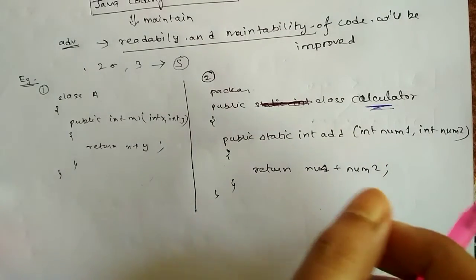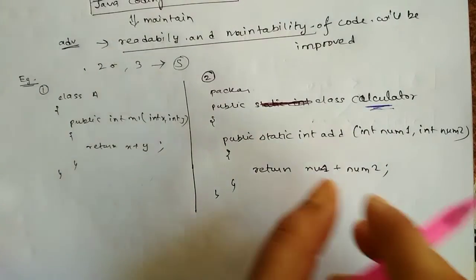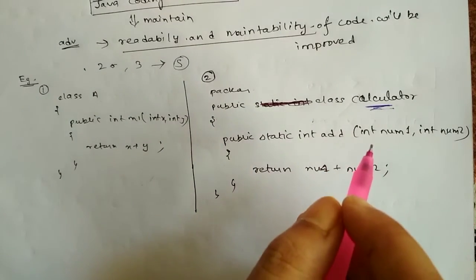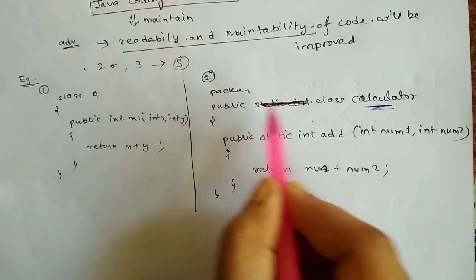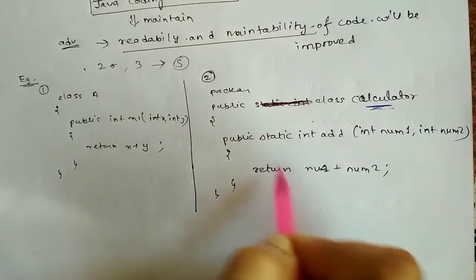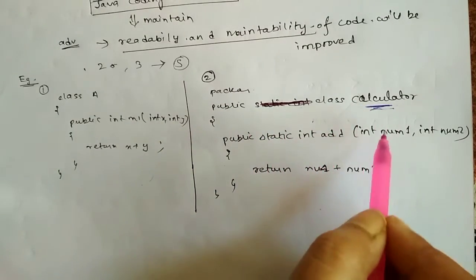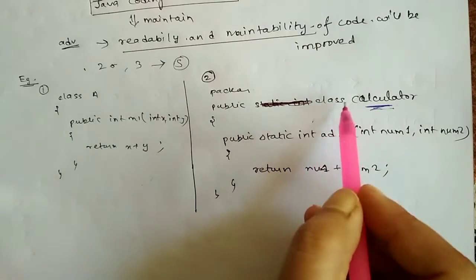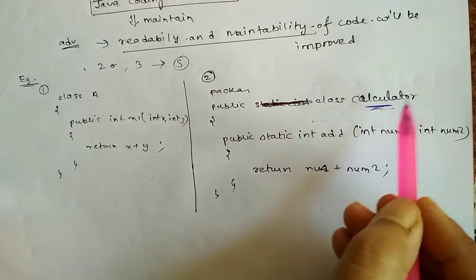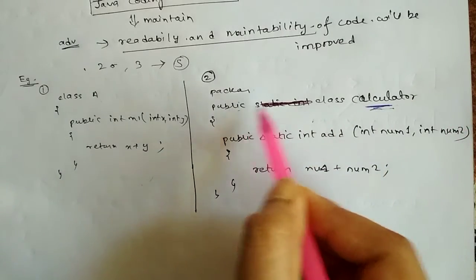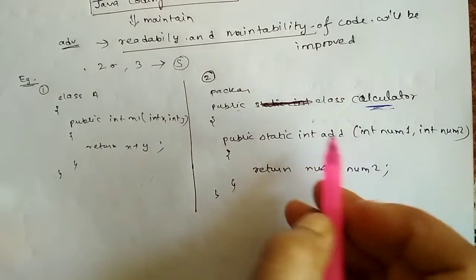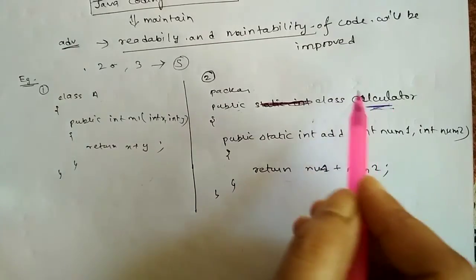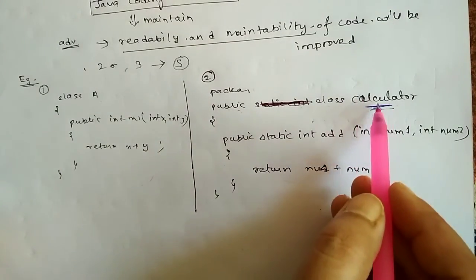It must add, multiply or divide, so it should do some calculator functionality. The class name should represent the functionality of the methods defined beneath it. Here we are using addition, so it could be named Addition, but we write Calculator, which represents the functionality of the class.